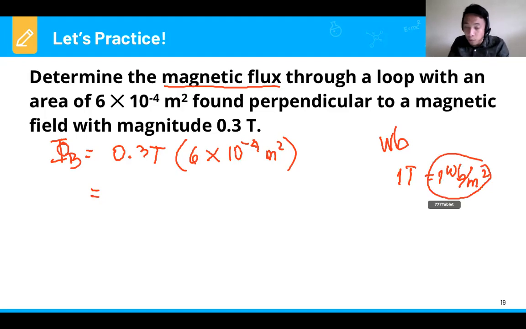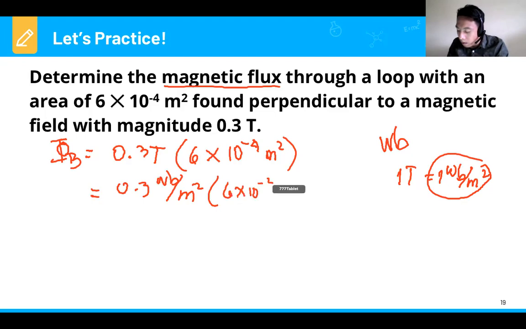So instead of 0.3 Tesla, we can put 0.3 WB over meter squared. Okay, so from that, we can now cancel those meters squared. So what remains is WB, which is the correct unit for magnetic flux. Right?